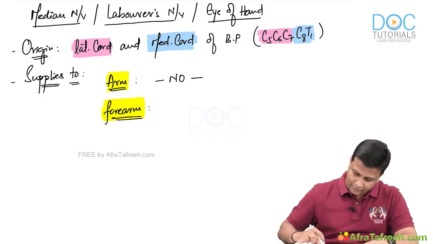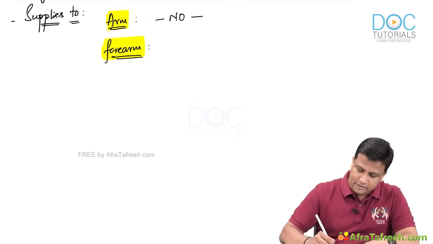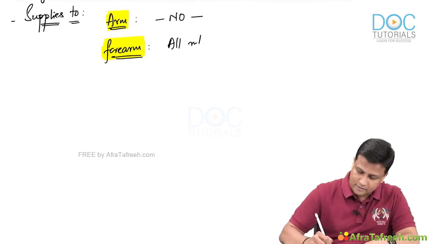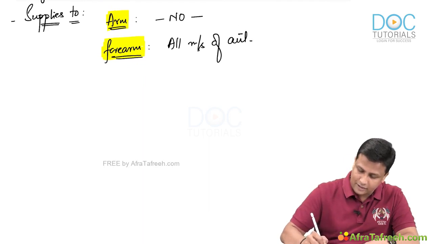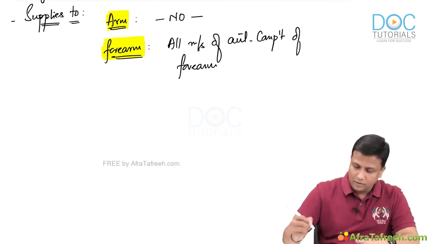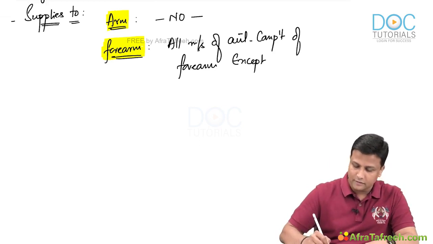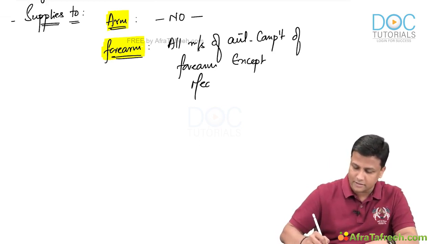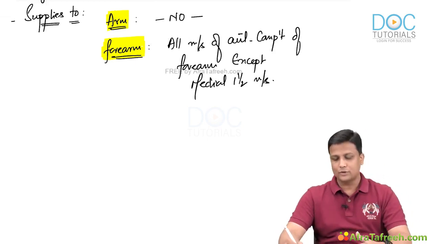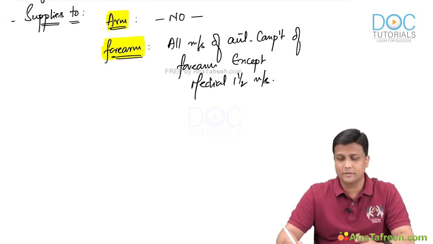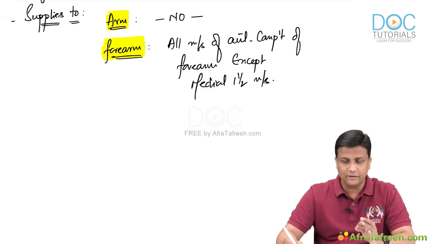So we can write down here that the median nerve will be supplying all muscles of the anterior compartment of the forearm, except the medial 1.5 muscles. And we all know very well what the name of this one is, and that it is supplied by the ulnar nerve.